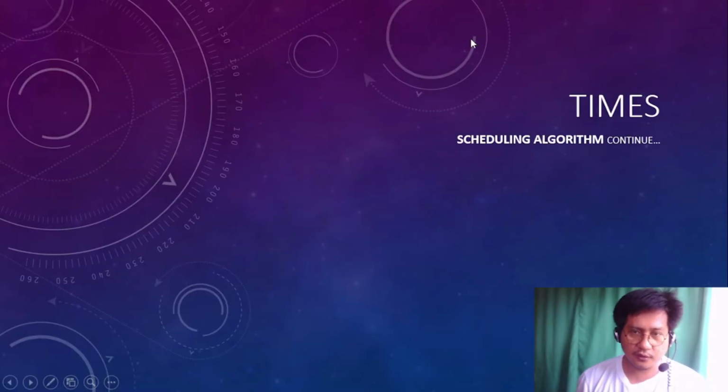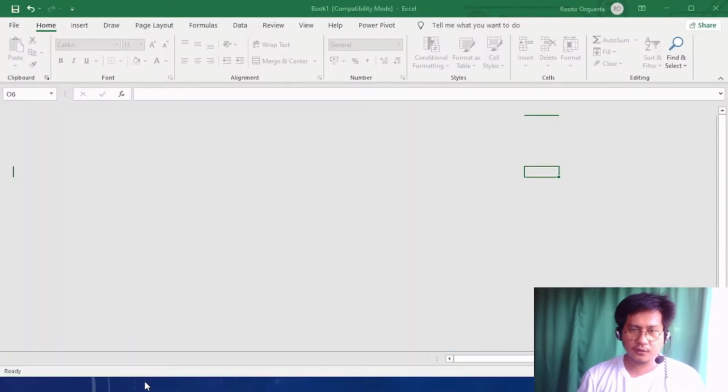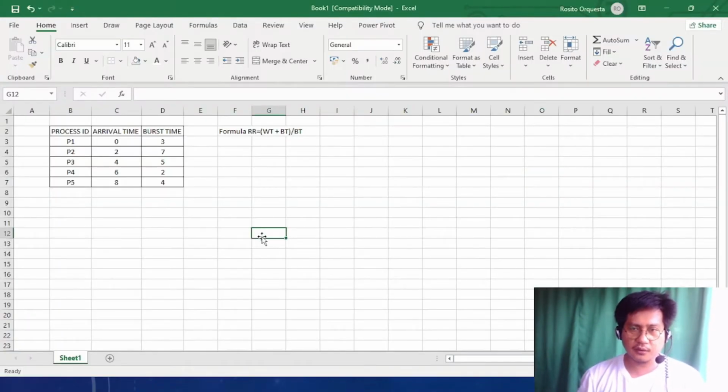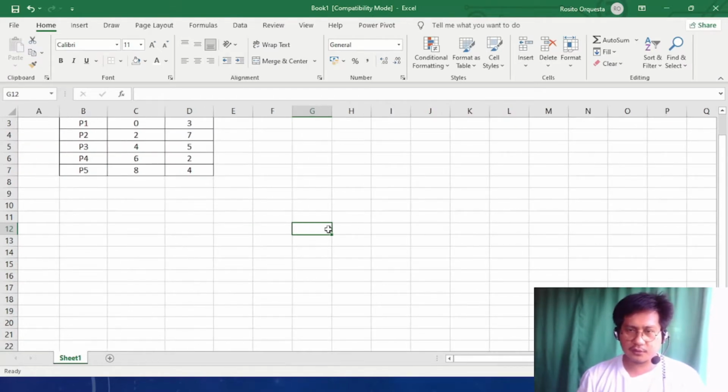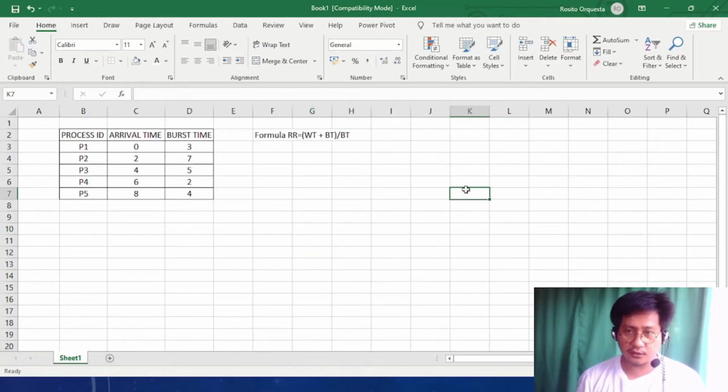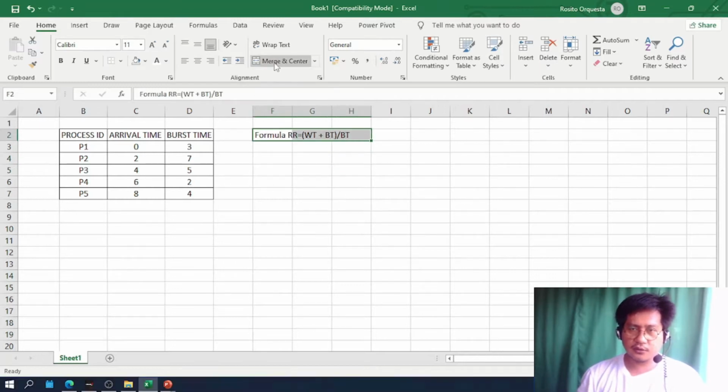So I have here prepared a sample data for the highest response ratio next scheduling algorithm, and this is the formula. The response ratio is equal to the waiting time plus the burst time, and the answer would be divided also by the burst time itself of the current process.